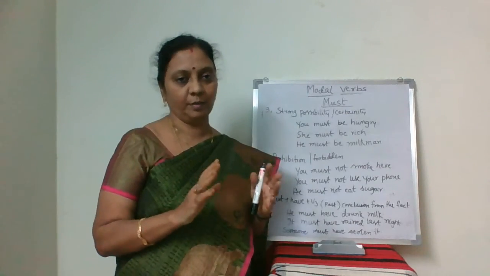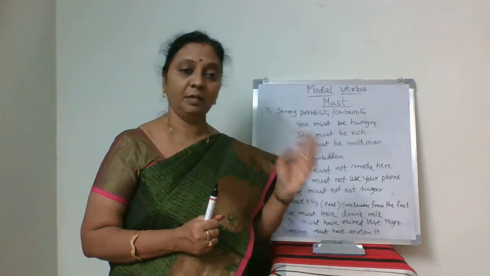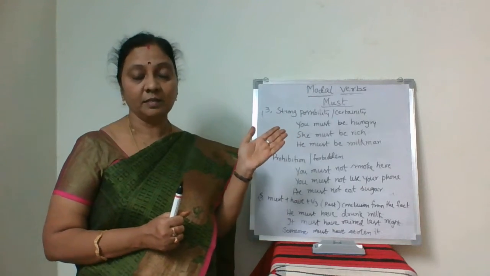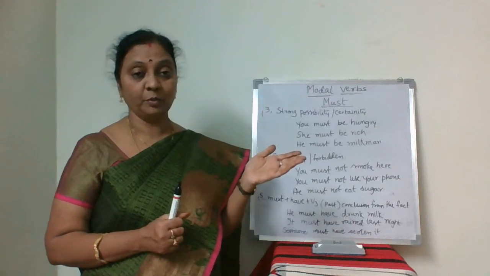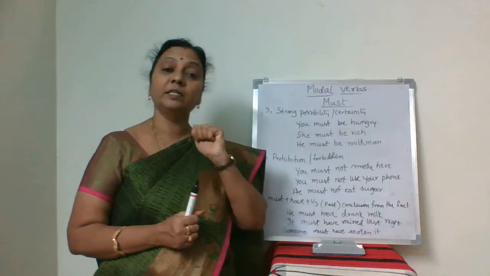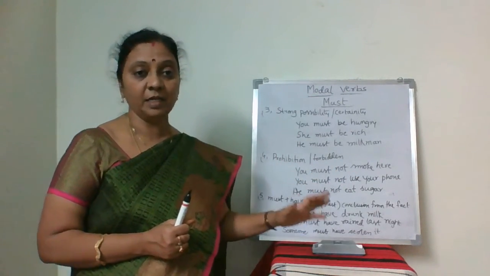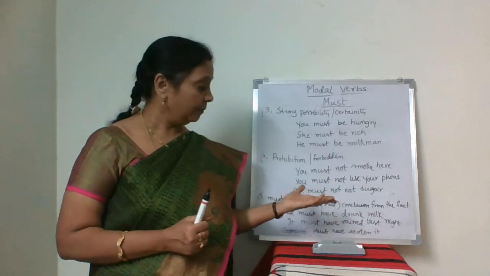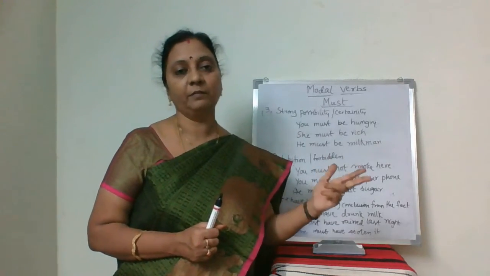Then, strong possibilities. By looking at someone, you can say that he must be rich, he must be hungry, she must be the servant maid, he must be the postman or the milkman. Strong possibility and certainty. And certain things which you are not allowed to do, you are prohibited or forbidden to do: you must not smoke here, he must not eat sugar, you must not use your mobile phone.